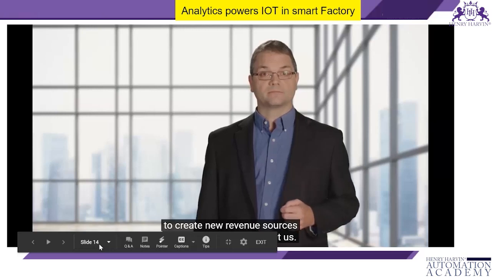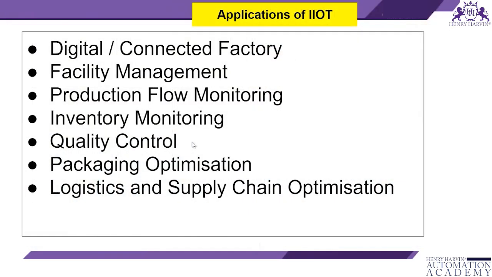So here we saw how SAS was helping in the analytics platform as regards IoT in smart factories. Let's look at a slide on the applications of IoT. When we look at that, there are a few points which come to our mind, that is digital and connected factory.